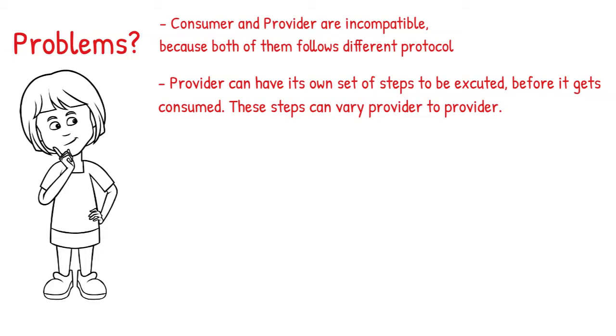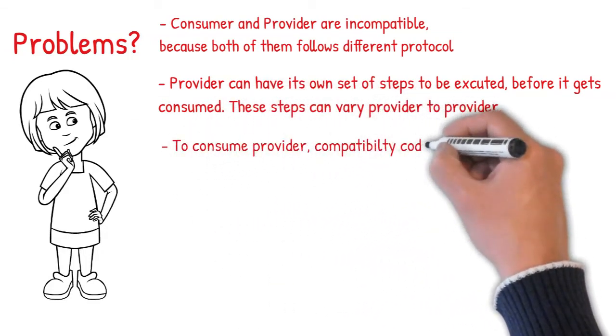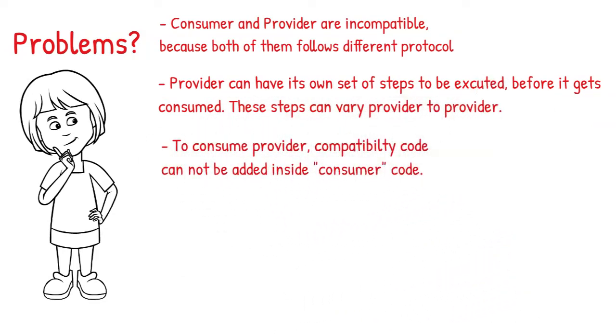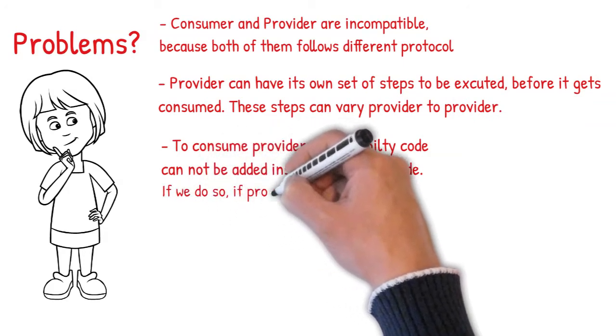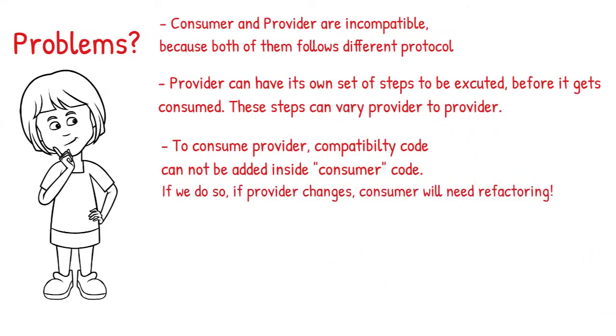Problem number 3. To consume the provider, compatibility code cannot be added inside the consumer code. If we do so, if the provider changes in future, the consumer will have to be refactored to support that change. Problem number 4.